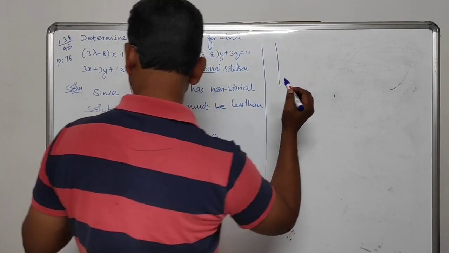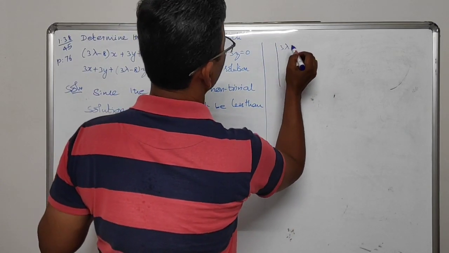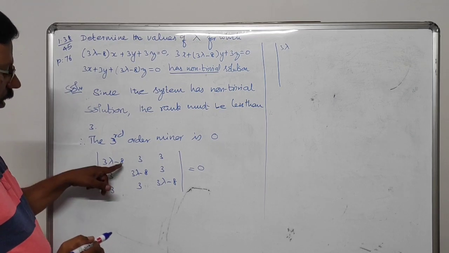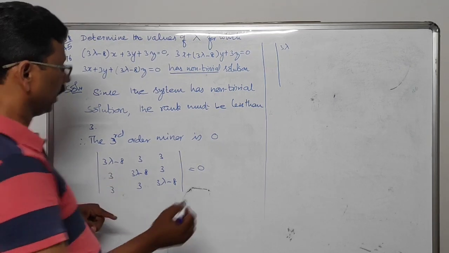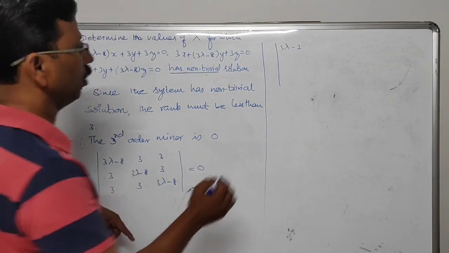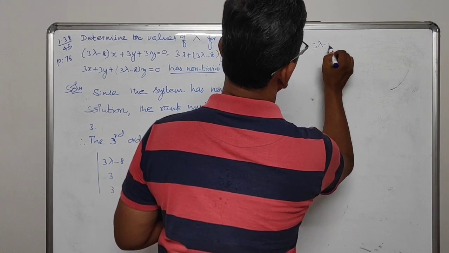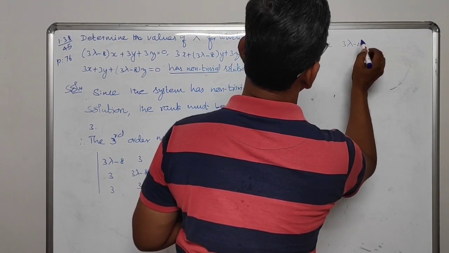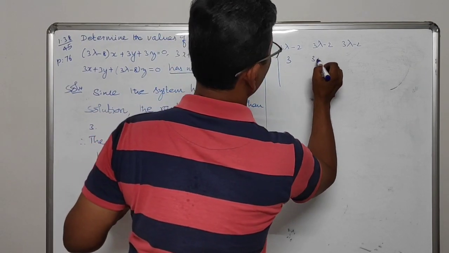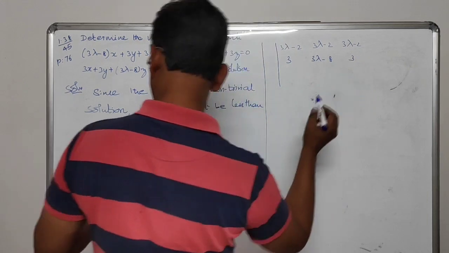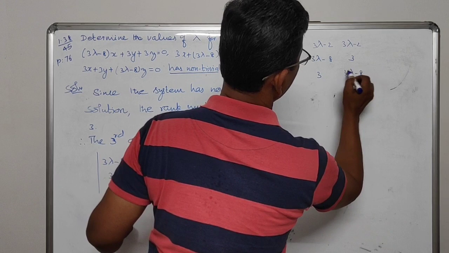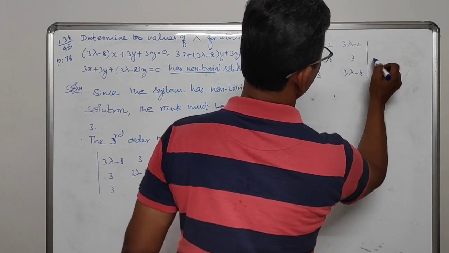Adding means 3 lambda minus 8 plus 3 plus 3. 3 plus 3 is 6. Minus 8 plus 6 gives minus 2. Therefore, we get 3 lambda minus 2. Again, if you add these, you get the same value, 3 lambda minus 2. This also 3 lambda minus 2. Then you can write 3 lambda minus 8, then this also 3. Then here 3, lambda minus 8, which is equal to 0.